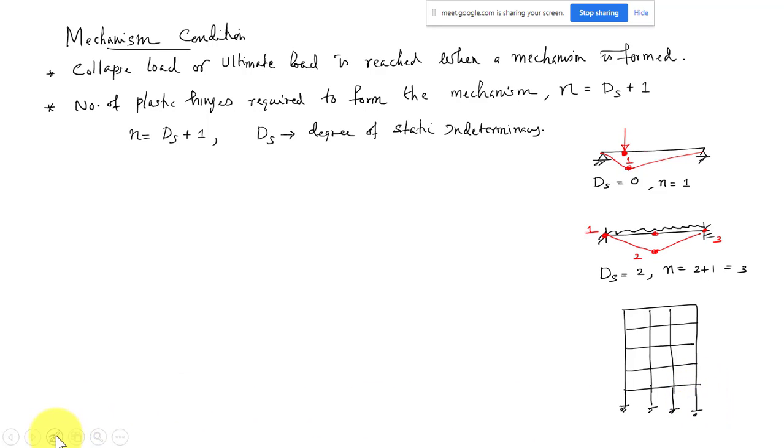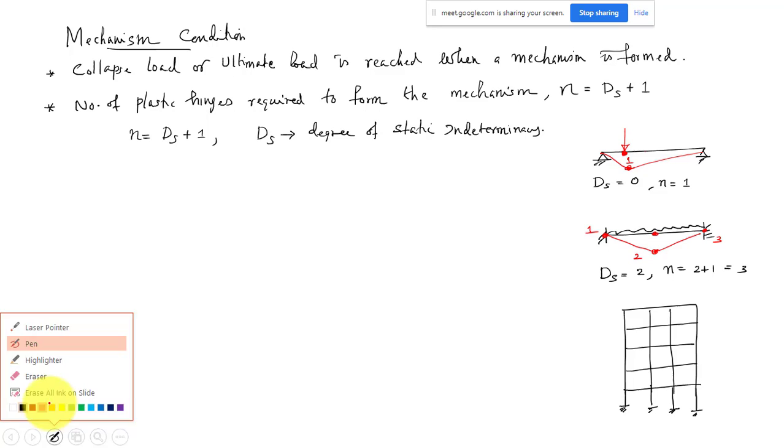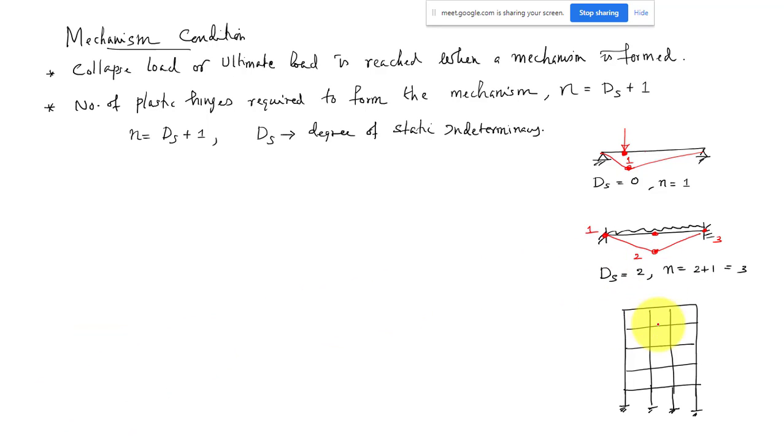That means for a framed structure to collapse, it has to form a lot of plastic hinges, not only one or two. After forming the plastic hinges, it will form a mechanism. Then only it is going to collapse. So this is what happens in the case of a building structure. All these plastic hinges will not form simultaneously. That is also another important point.